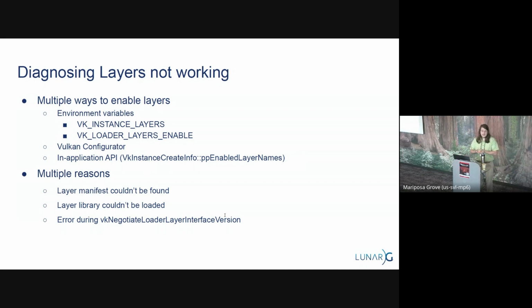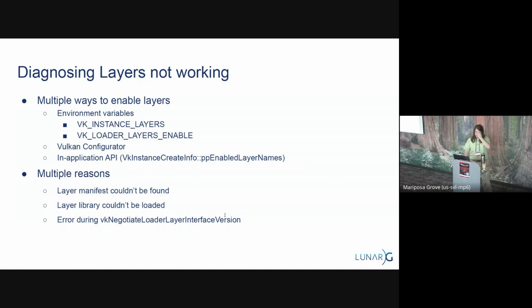I first want to ask you to make sure the name is spelled correctly. The environment variable, if you put a typo in validation and flip the letters, the loader doesn't know about that layer with the flipped letters. It only knows about the validation layer with that exact name. So make sure it's spelled correctly.